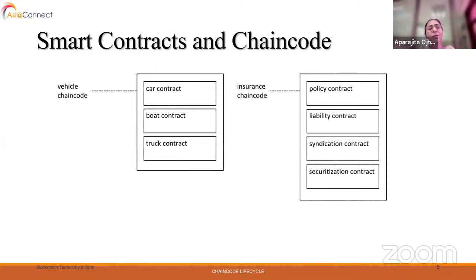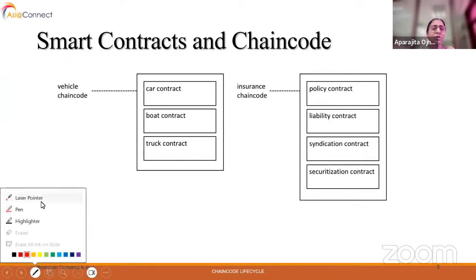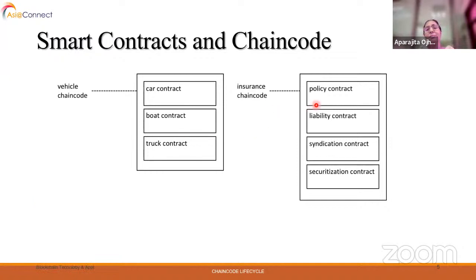For them, there can be different contracts. Similarly, for an insurance chain code, if you see on the right side here, this insurance chain code can have a policy contract, liabilities, syndication, and securitization. There can be many things in the insurance chain code.